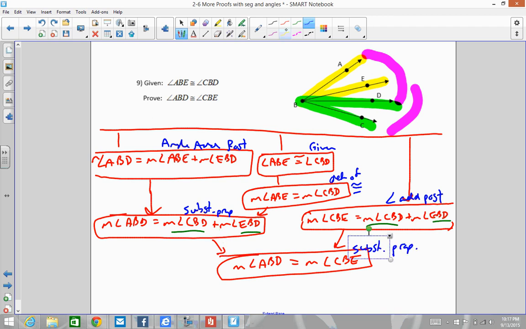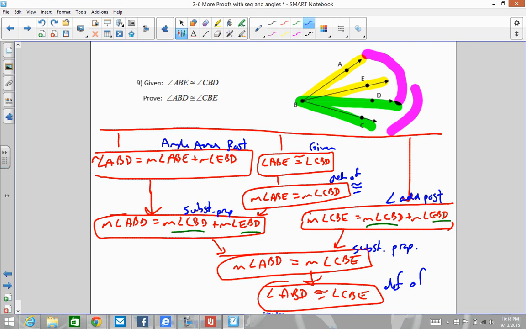Okay. So I've just said the two angles are equal, but I need them congruent, which means I just say the angle ABD is congruent to angle CBE. Put my box around this. And again, if I'm going from equality to congruence or congruence to equality, there's a definition of congruence.